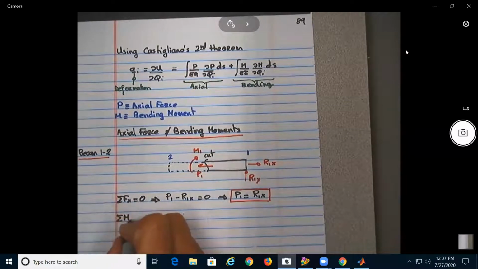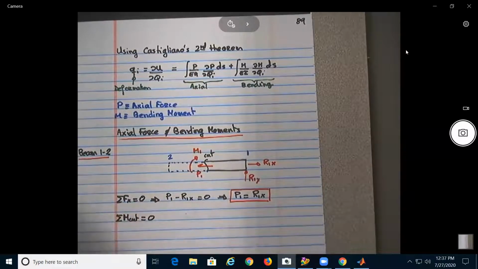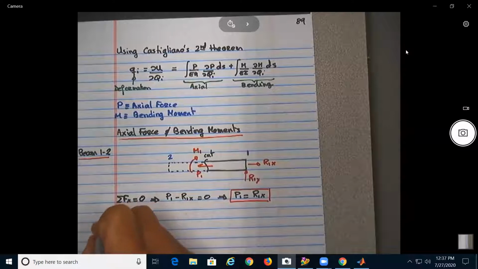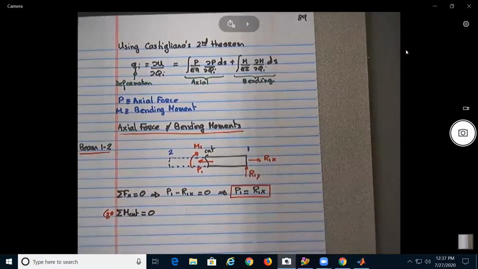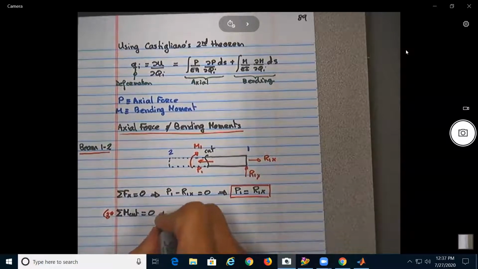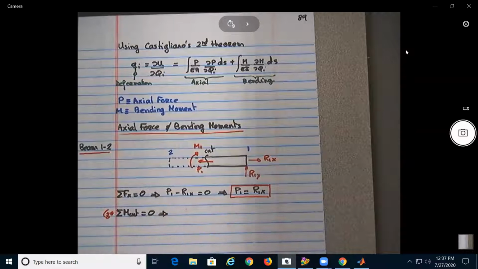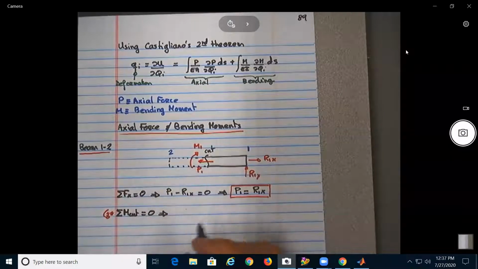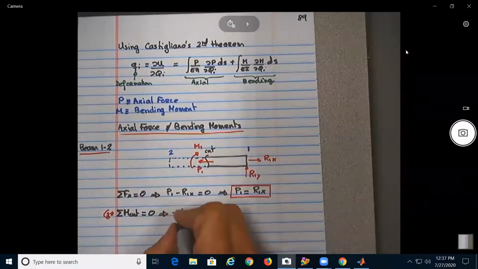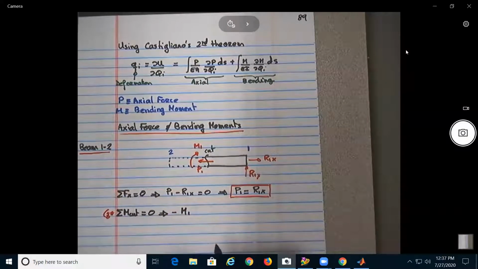Summation of moments about the cut, and you need to define a direction for moments. So I always count counterclockwise. So the way I draw here the moment is going clockwise, so that means that it's negative, so it will be minus M1. And now what is the moment created by the reaction R1Y?